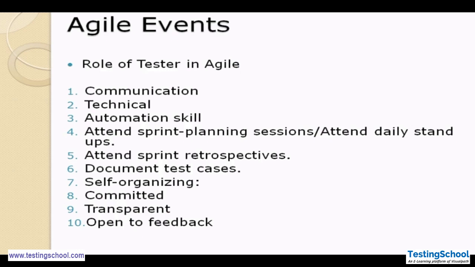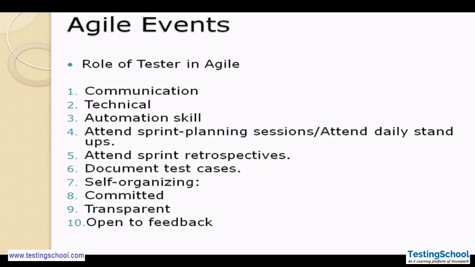And the automation skill, so it could be any particular automation skill, that could be Selenium, QTP, SoapUI, or performance testing. So automation skill is also a key role of a software tester in agile.